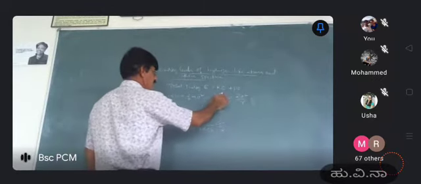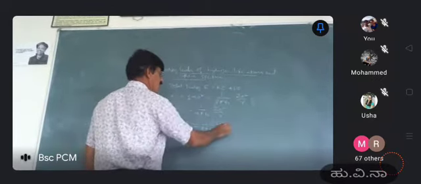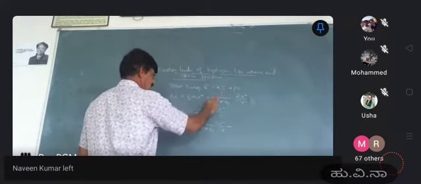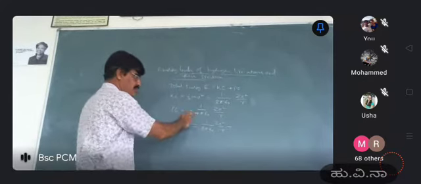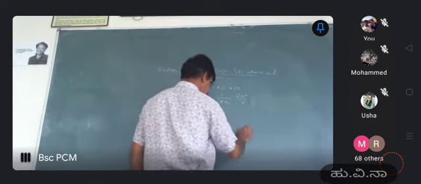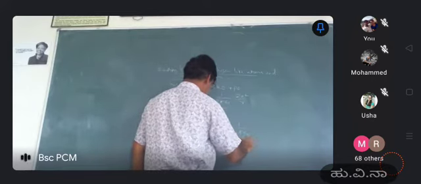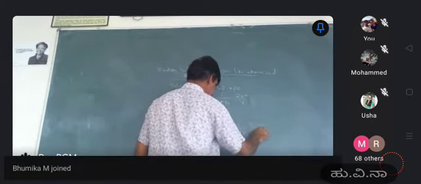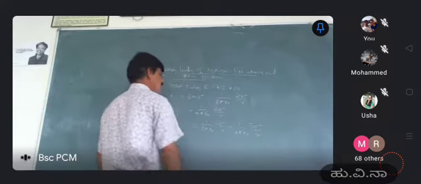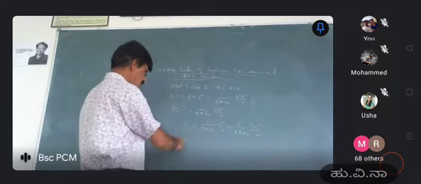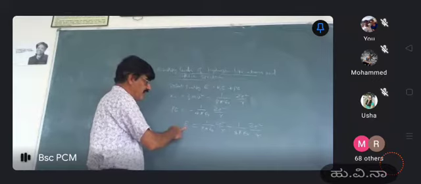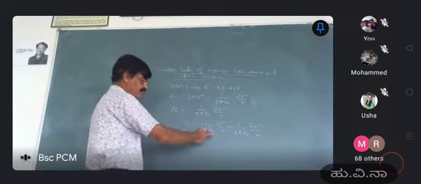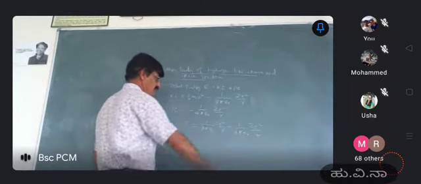This is the kinetic energy, which we substitute here, plus the potential energy, given by minus 1/4 epsilon naught, Z e squared by r. So this is the total energy of the electron, kinetic energy plus potential energy.